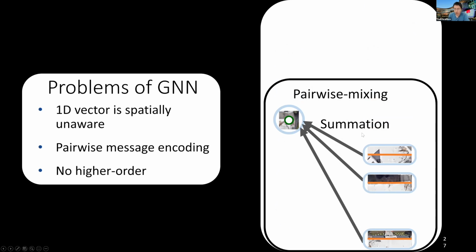Usually, you construct a message by this feature vector, construct another message by this feature vector, another. We take the sum. Maybe at the best, there's a gating function to change weights, but you construct a message for each pair of the reference node and the neighbor. It's never higher order. But ultimately, we want to look at everything, this, that, and that, and that, then update the feature vector. But that's not possible by GNN.